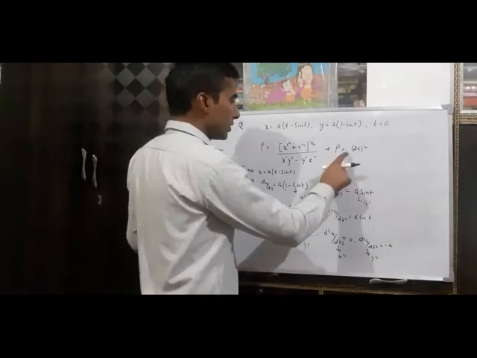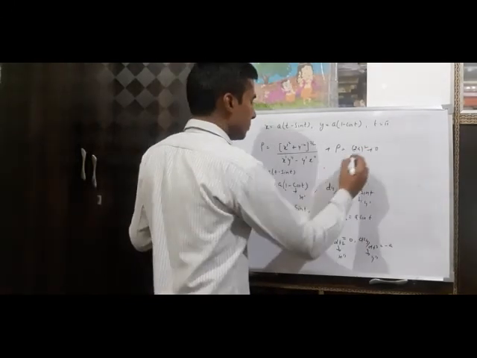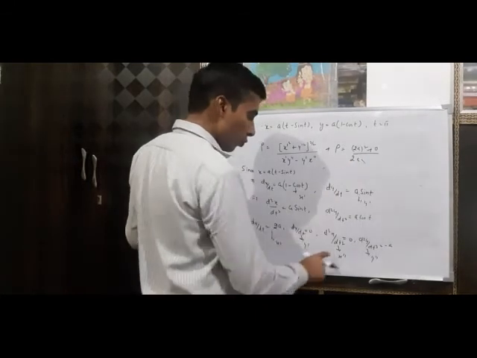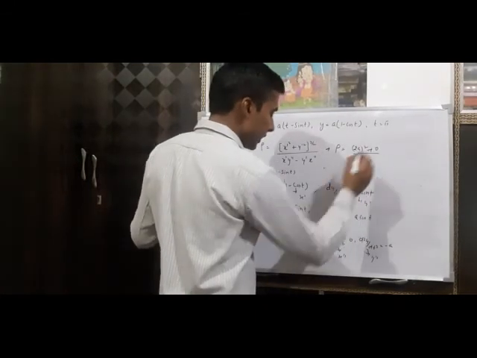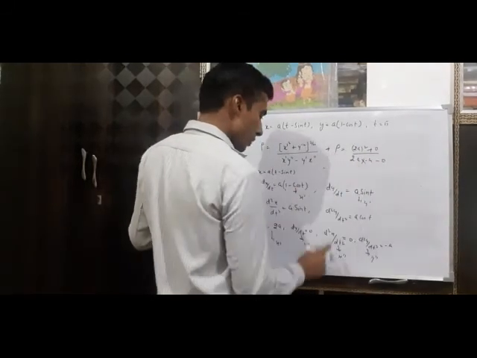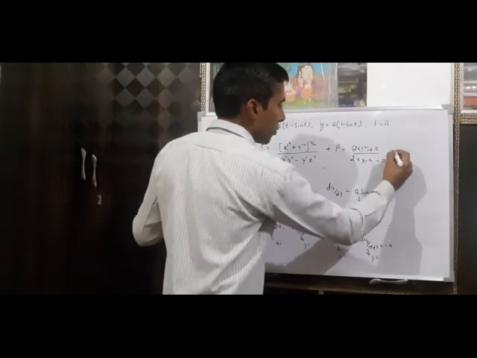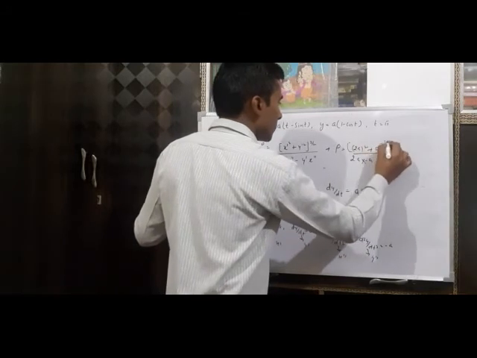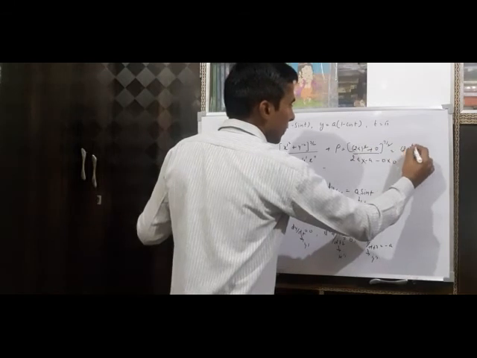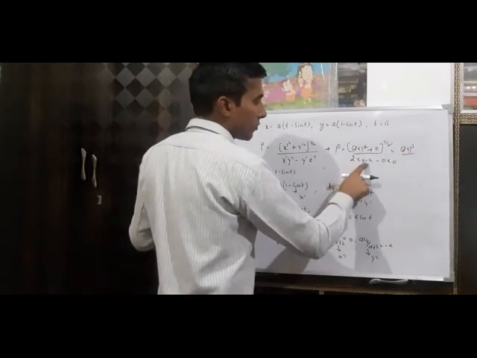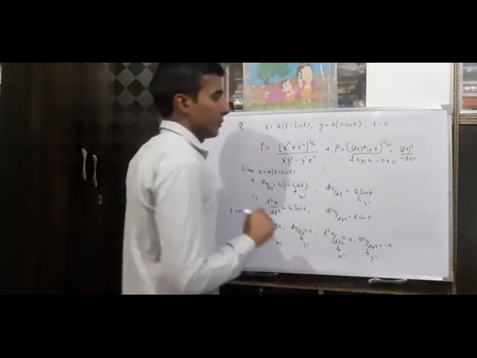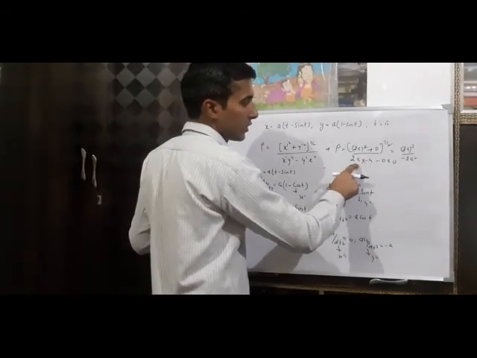So y prime is 0, x prime is 2a, y double prime is minus a, and y prime and x double prime are 0, and the whole power is 3 by 2. So the 2's cancel, it will be (2a) raised to power 3, and this will become minus of 2a square because this is minus a and this is 2a.